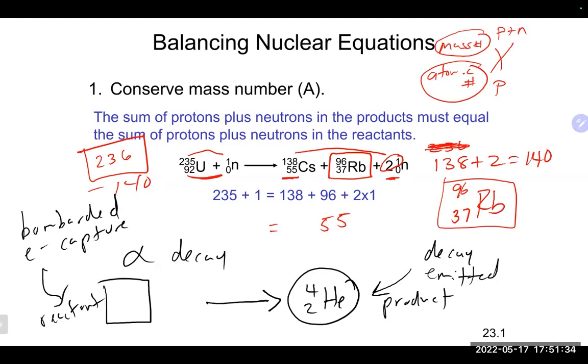And as we change the number of protons, we are changing what the element is. So there is no conservation of elements in nuclear chemistry. And it is the proton or the atomic number that determines what element you're talking about. As the number of protons changes, so does the element as well. Any questions on that there?